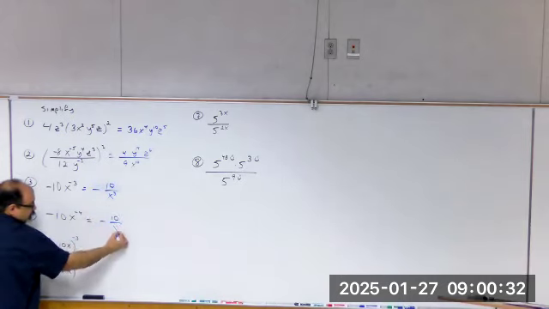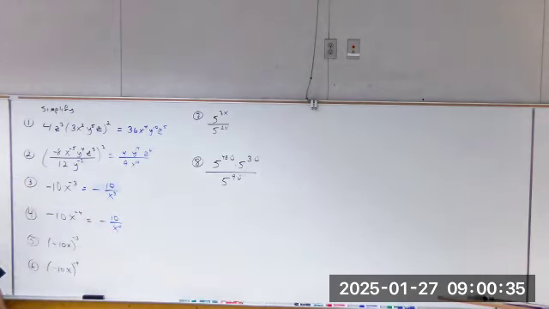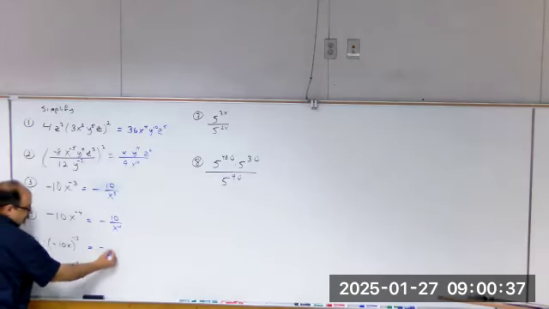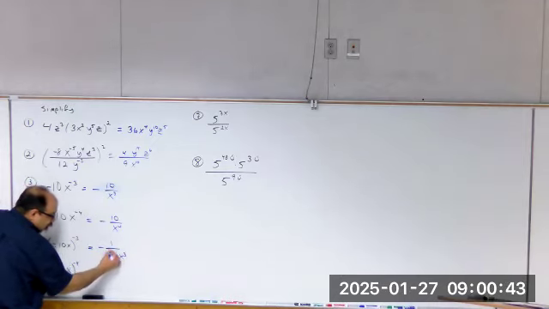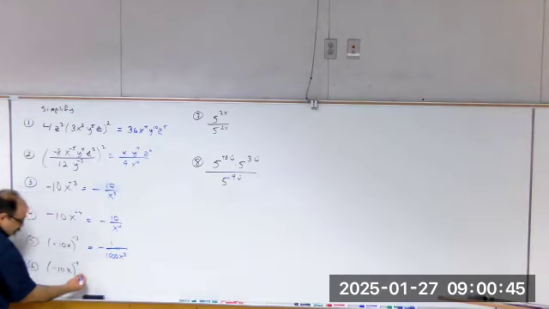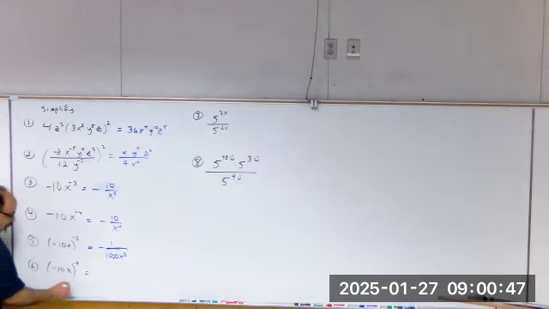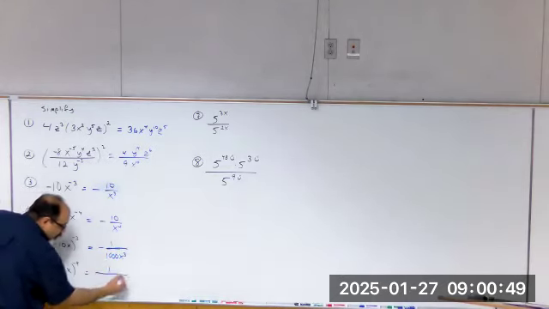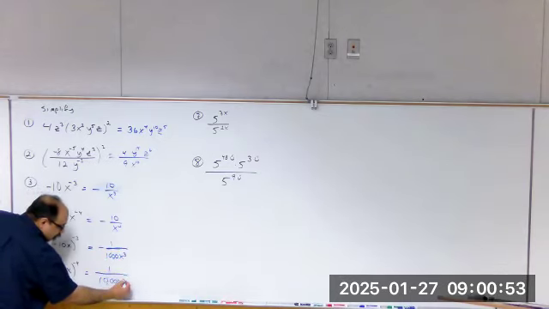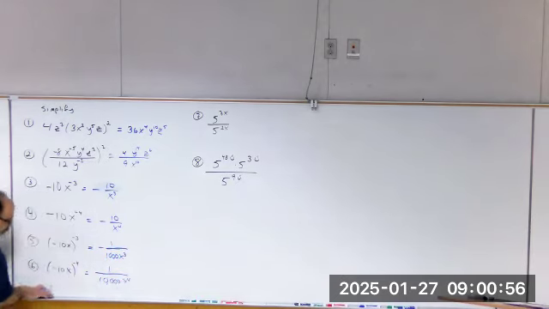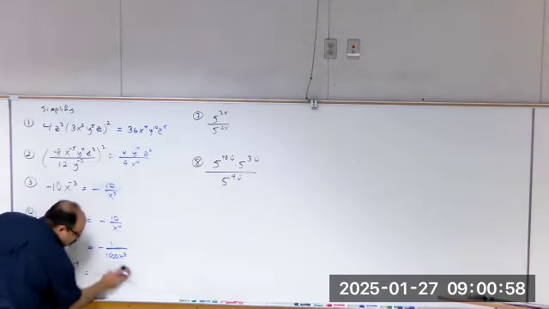Negative 10 over x to the 4th. Negative 1 over 1,000 x to the 3rd. And this is positive 1 over 10,000 x to the 4th.